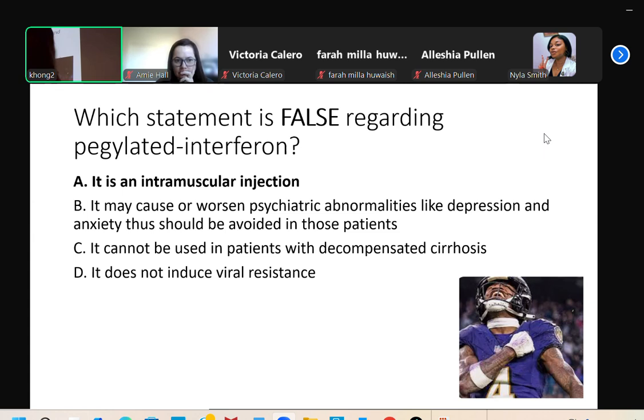It's not for use in decompensated cirrhosis. So that's true. And because it is not an antiviral, it is a cytokine, a stimulator, or what we call an immune modulator, there's no resistance to be developed to it.